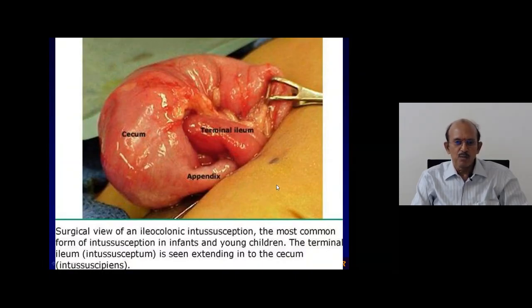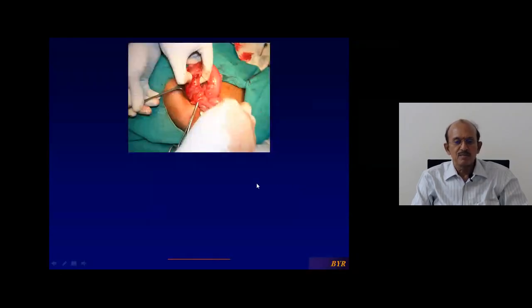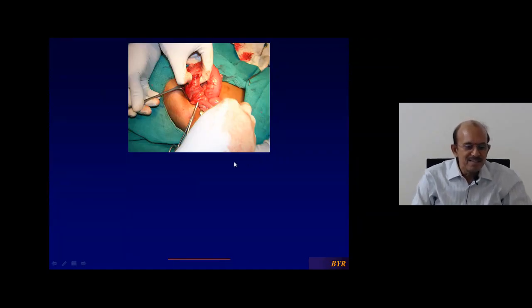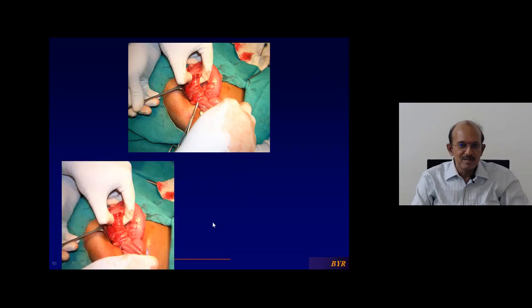So this is again another example of intussusception. This is one of my cases. You can see here, intussusception. This is just like a sausage-shaped mass. It is curved, concave towards the mesenteric side. So this is the inner tube which is going.